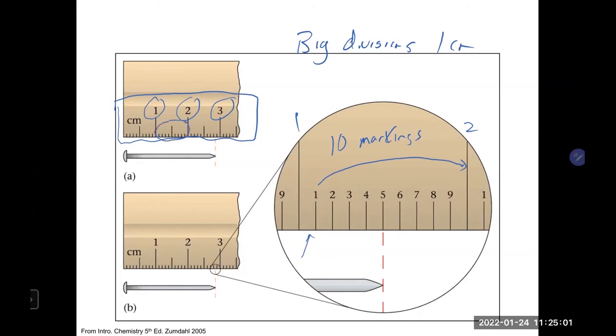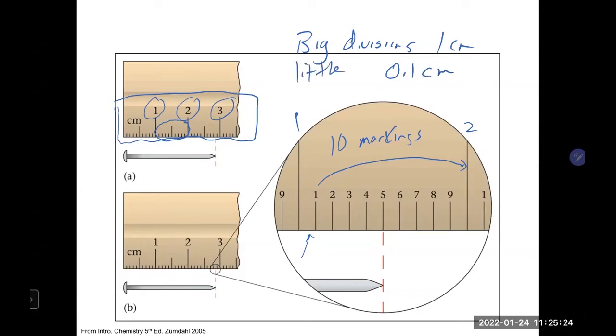Now, if the major division is 1 centimeter and there's 10 markings, what does each little marking represent? Each little marking represents 0.1 centimeters, right?